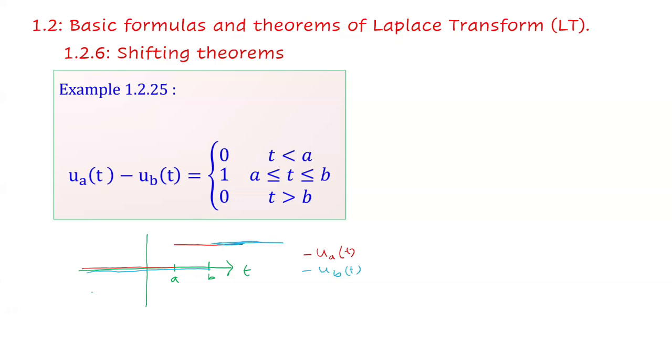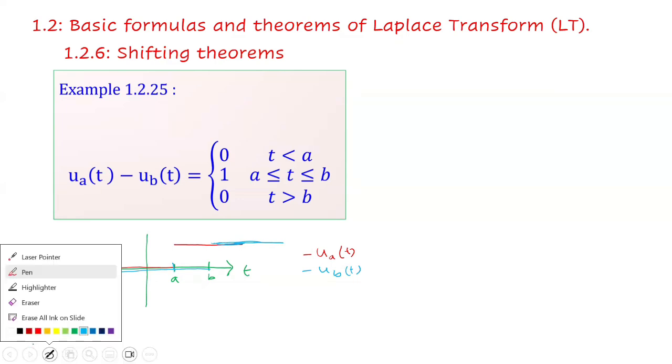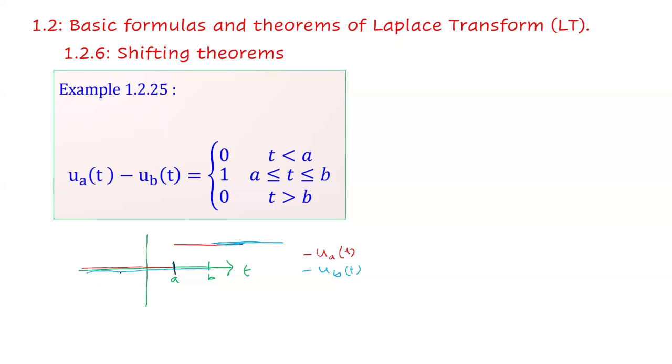Now look at this. When t is less than a, both are 0, so their subtraction will be 0. Between a and b, u_a is equal to 1, but u_b is equal to 0, so their subtraction is 1. And when t is greater than b, u_a is equal to 1 and u_b is equal to 1, so their subtraction will be 0.